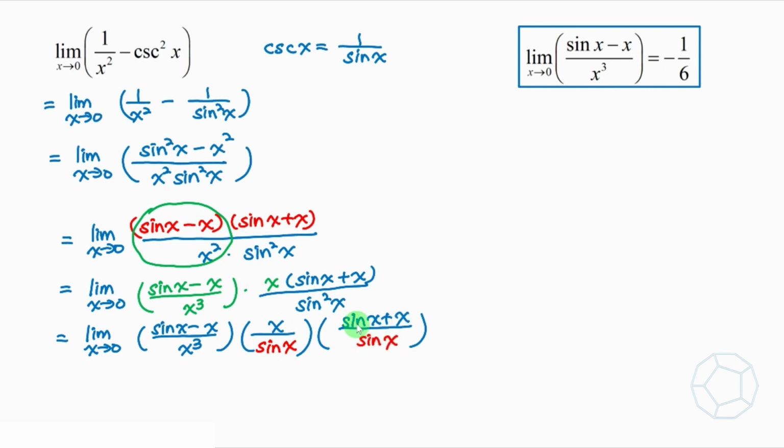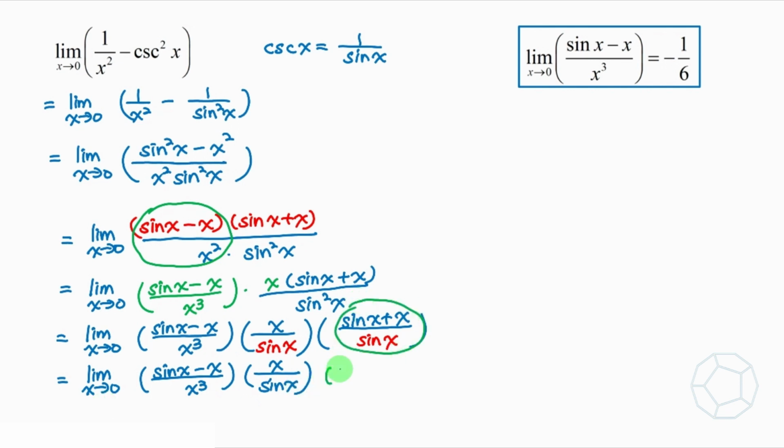Furthermore, separate the two terms in the last bracket, then we get limit x tends to 0. The first and the second brackets are unchanged, while we'll change the form of the last bracket into the following, which is bracket 1 plus x over sine x.